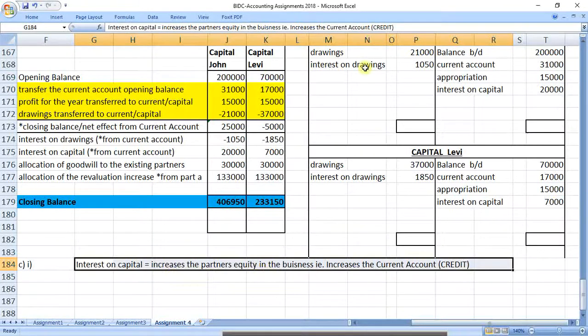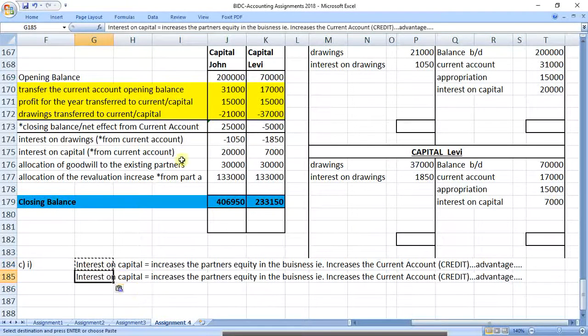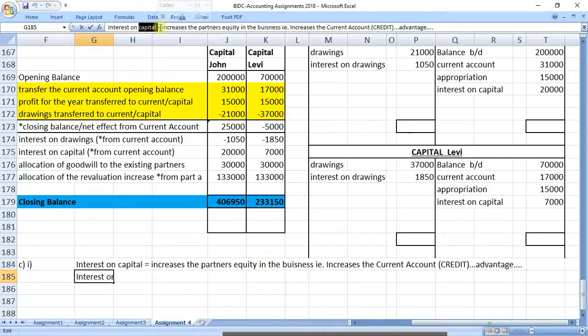Maybe we should just say advantage at the end. Okay, it's an advantage because the next one is not an advantage. No partner wants interest on drawings, but you can have it. Okay, so the next one, interest on drawings, is the complete opposite. Decreases. I'm taking the same definition, just changing the word increase to decrease.